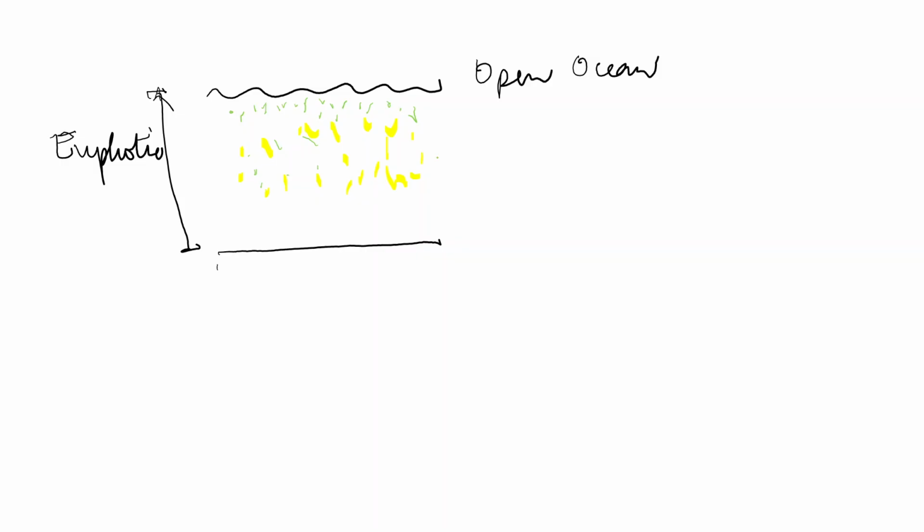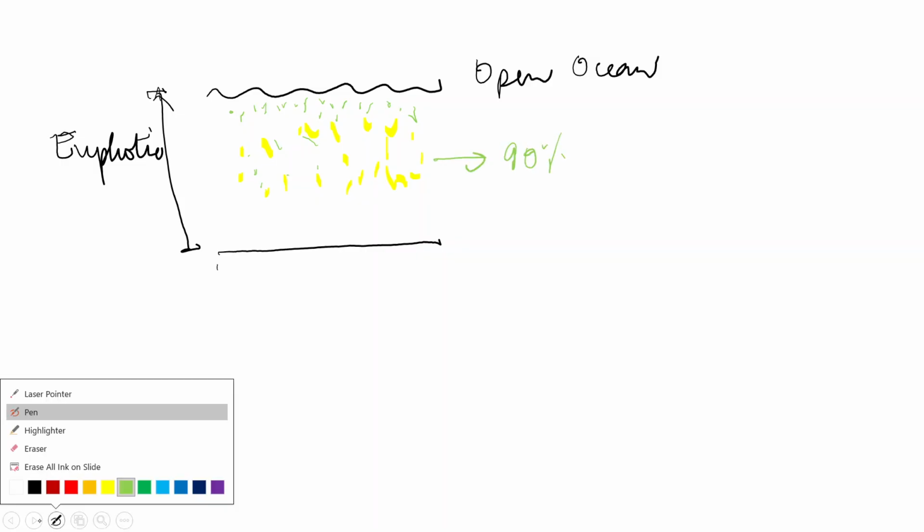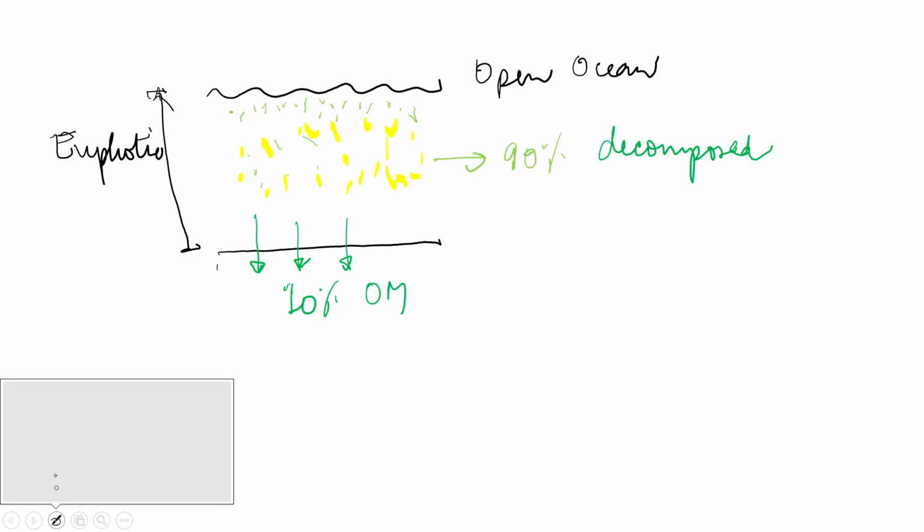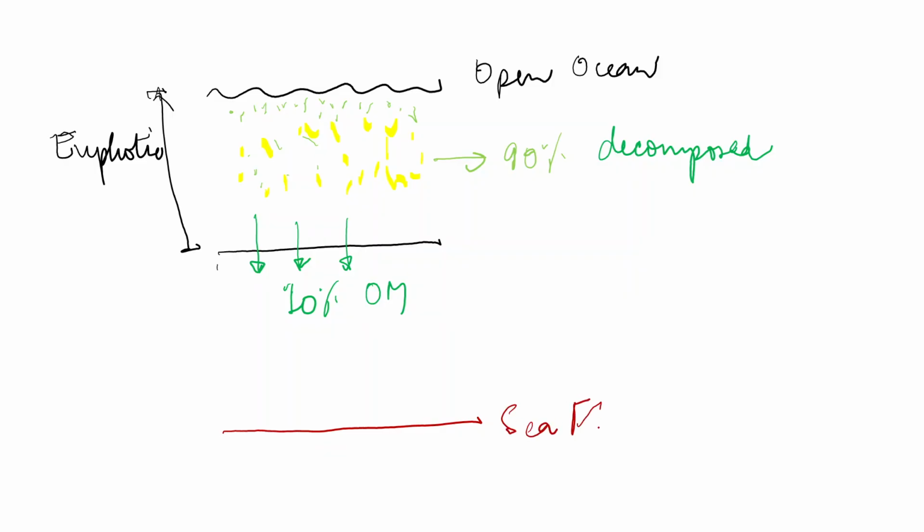So they die and 90% gets decomposed. Here 90% is decomposed. Once the remaining organic matter sinks, you have only 10% of organic matter. And once they reach and get accumulated on the sea floor, it is only 1%.